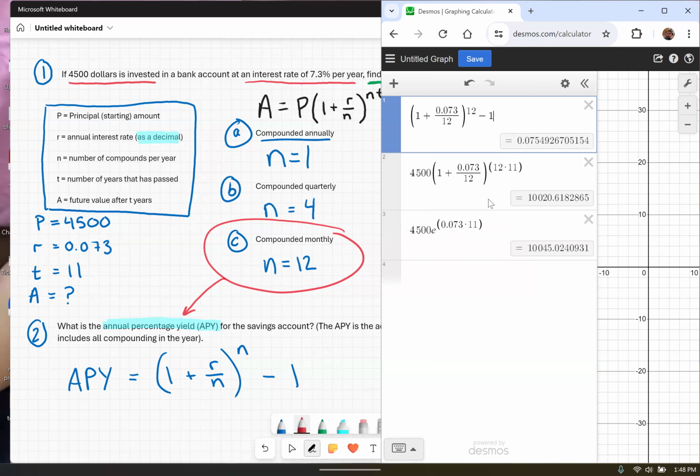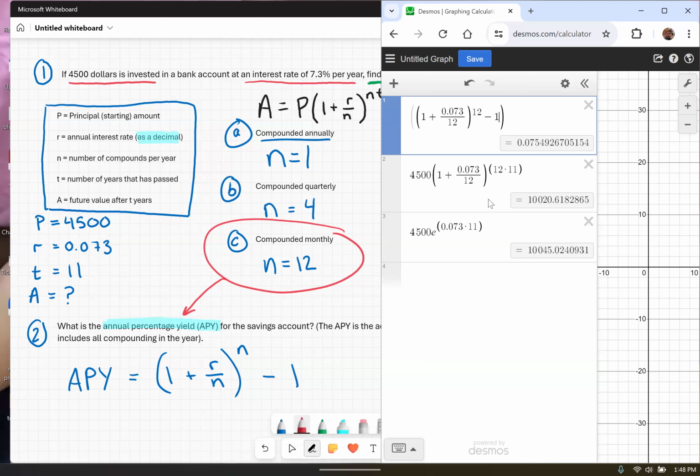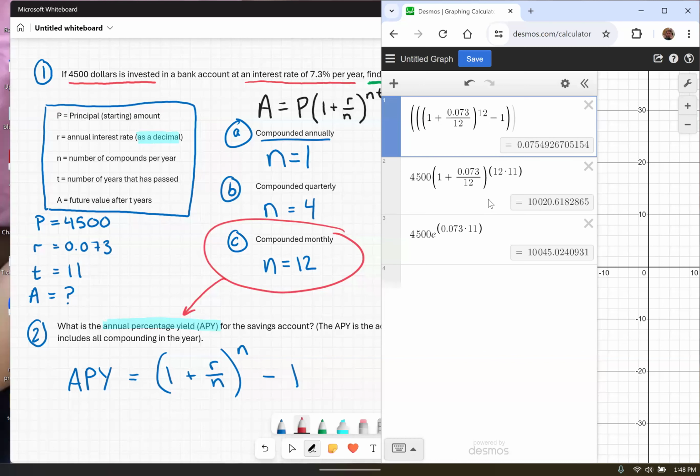So because of the compounding, that 7.3% is a little over 7.5%. That answer over there on Desmos on the top, 0.07549. So if we write that down as a percentage, if we multiply that by 100, oh, we have too many parentheses.